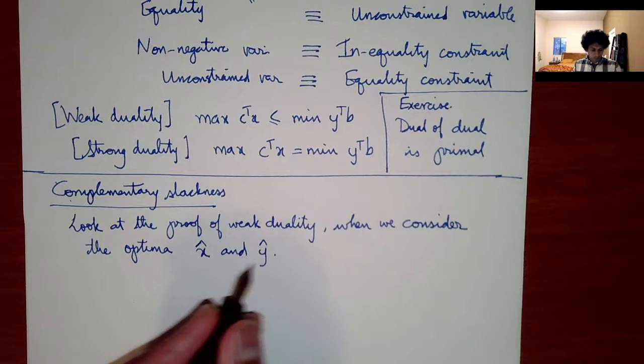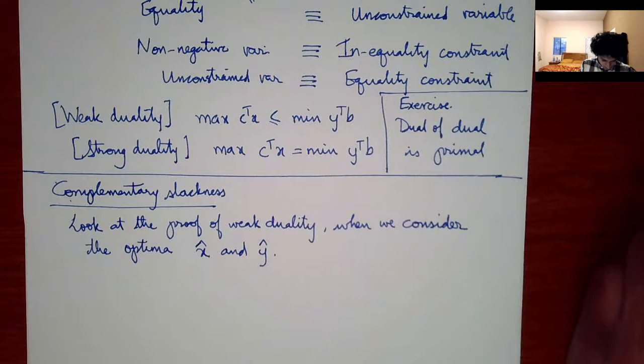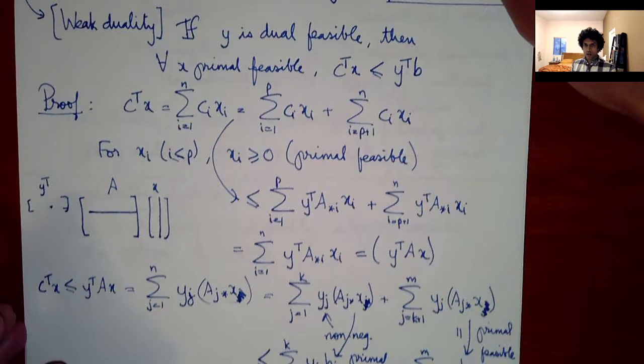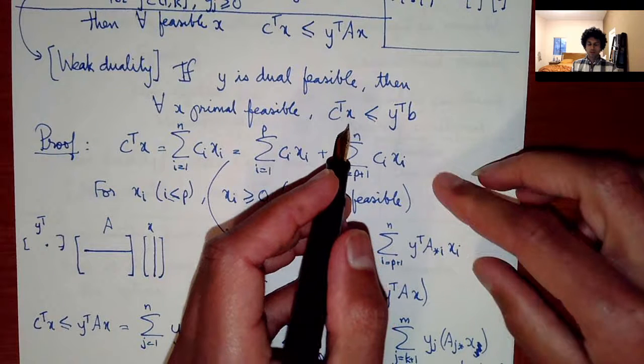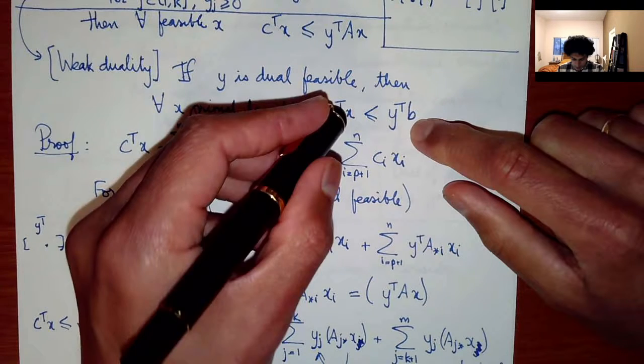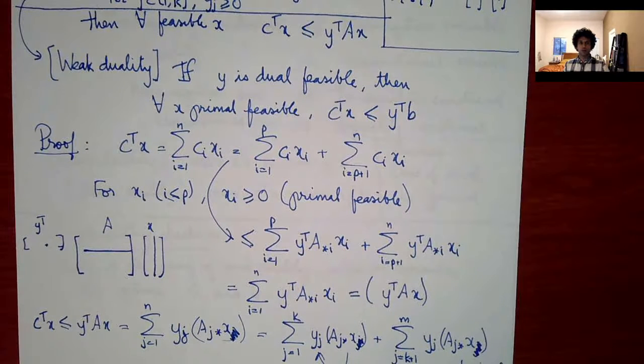When you consider the proof of weak duality, I just stated weak duality here. But suppose you chose the optima of the primal and the dual, then what happens to this inequality? They're equal, exactly.